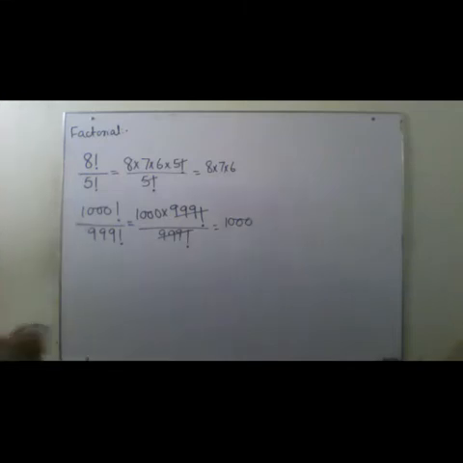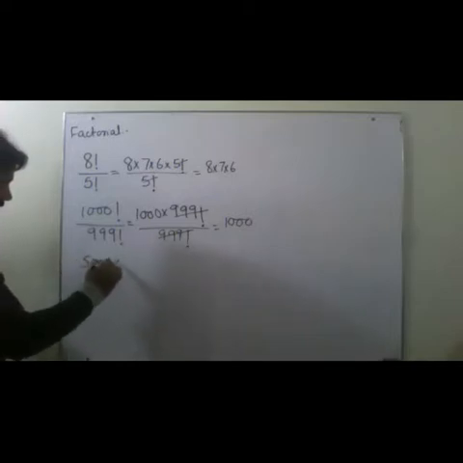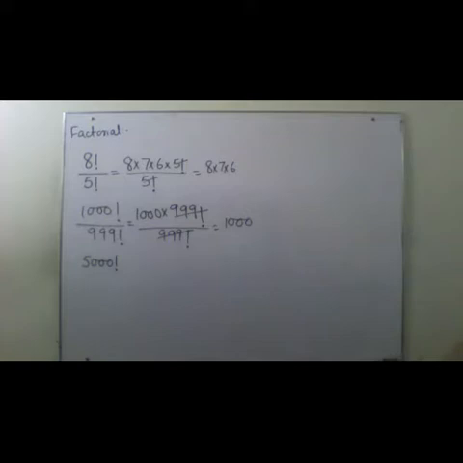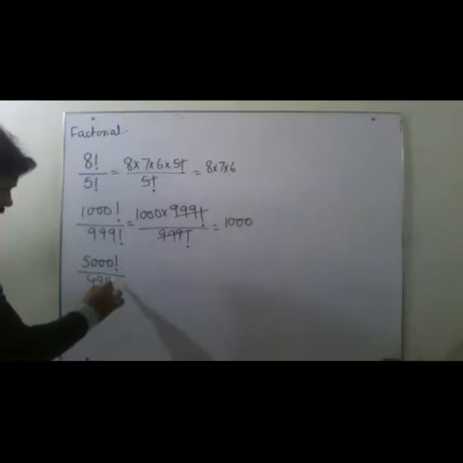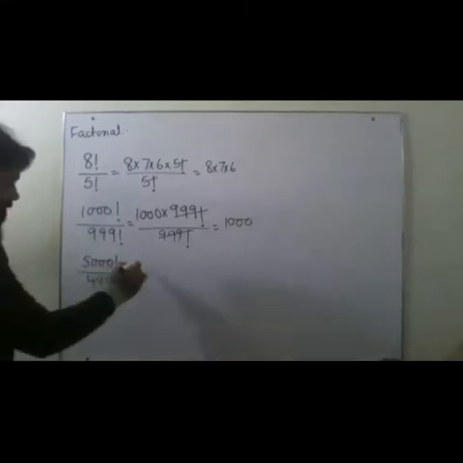Okay, let's do one more example. For instance, I need 5000 factorial into 4996 factorial. This is given to me. First of all, always start with the large number's factorial.